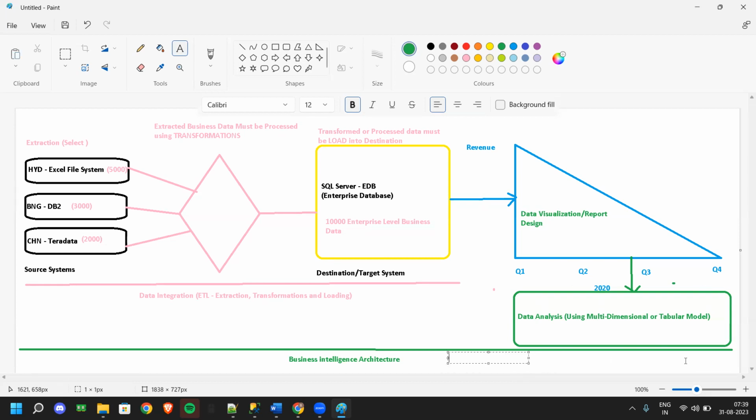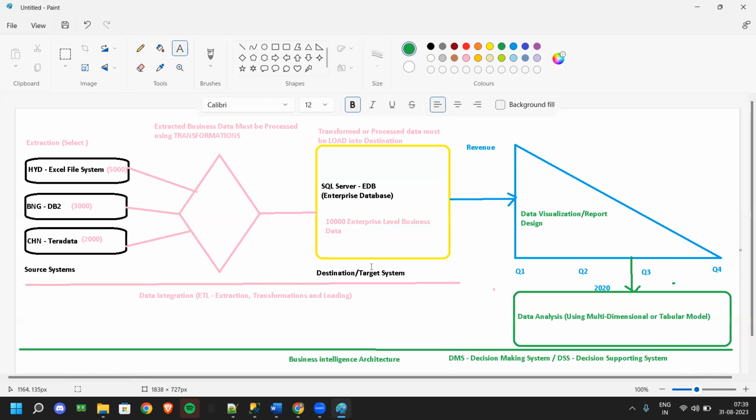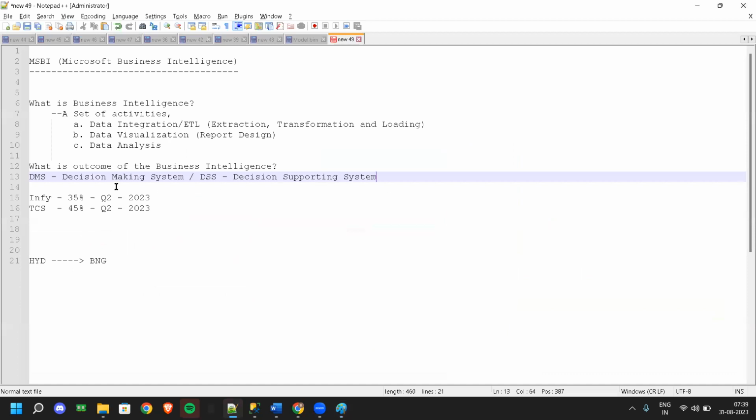So the final outcome of this is a DMS, decision making system, or DSS, decision supporting system. This total system supports you to take a better decision. That is the ultimate goal of this. So we implement business intelligence solutions for better decision making.